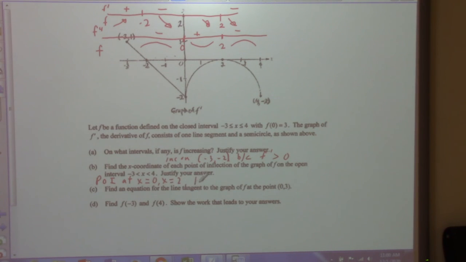Because we use the evidence here: f prime changes from decreasing to increasing or increasing to decreasing, right? Inc to dec.